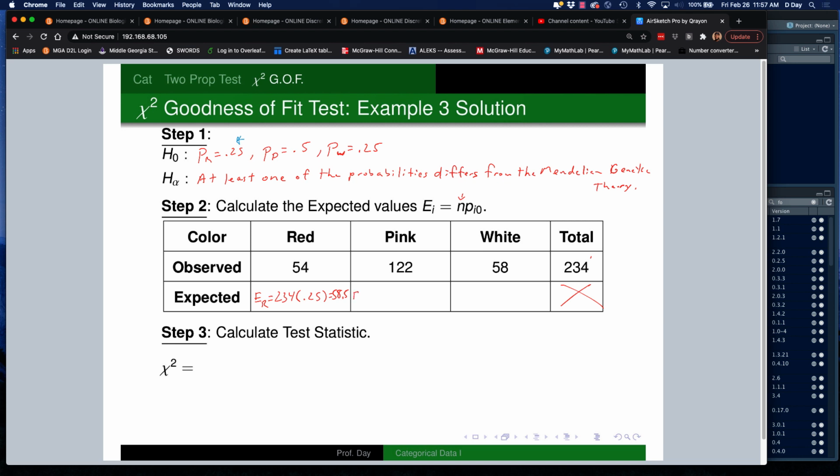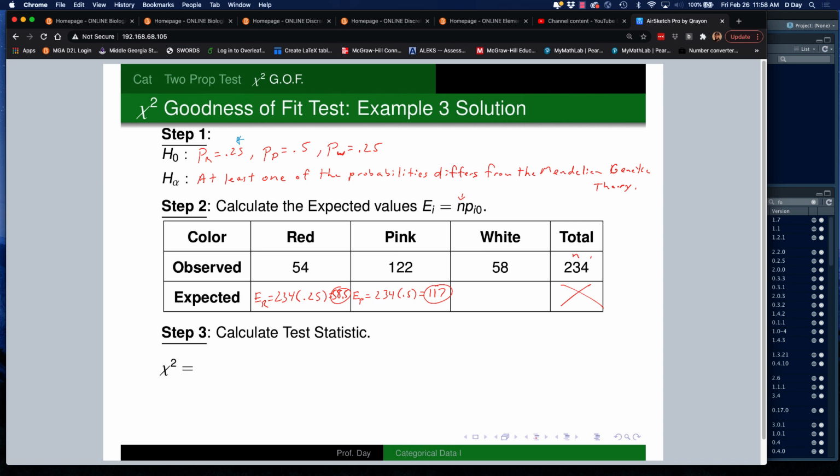The expected value for the pink flowers is going to be 234, the total again, times the probability of it, which was 0.5, so we're taking half of 234. And that's going to give me 117. All right, so far so good on the expected values.